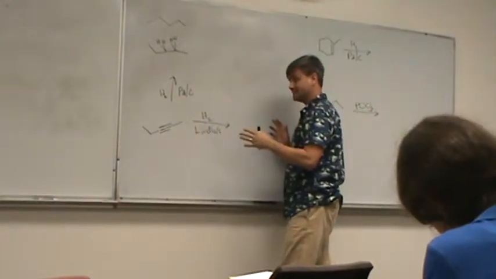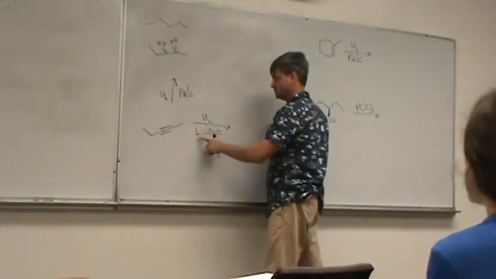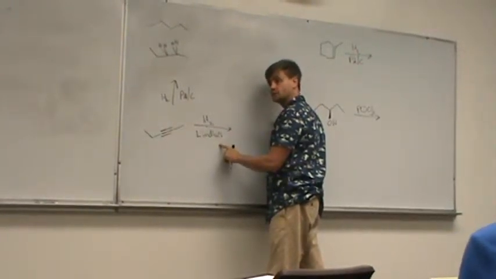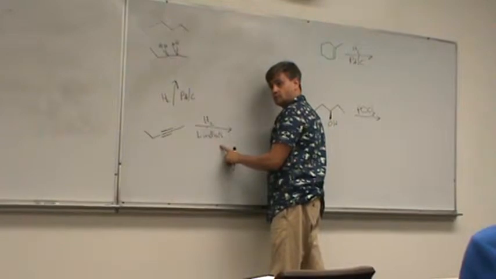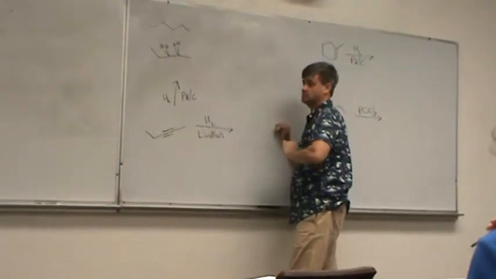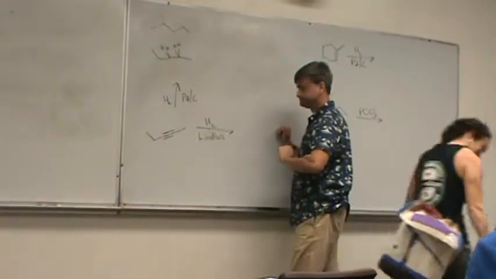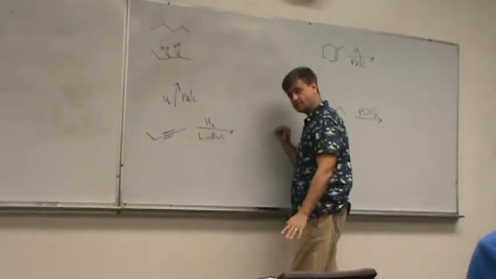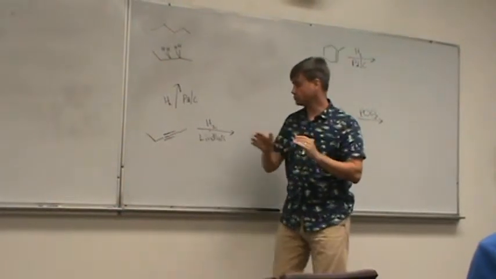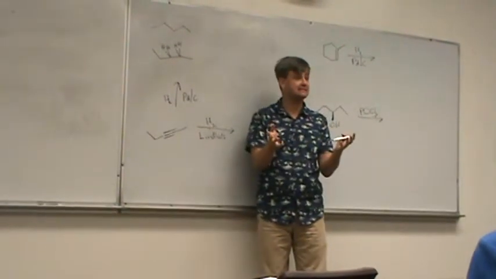Now, with alkynes, there were two special reactions. We could do Lindlar's catalyst. Anybody remember anything particular about Lindlar's catalyst? It turns an alkyne into an alkene. Exactly. Okay, any other details? There's two reagents we have that turn alkynes into alkenes.